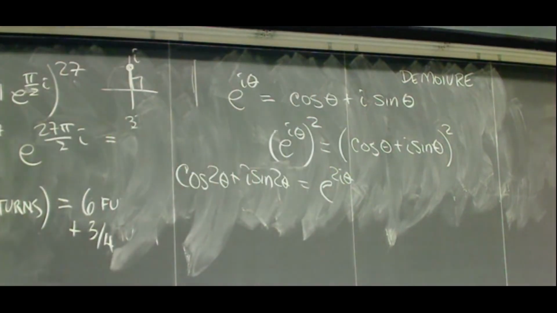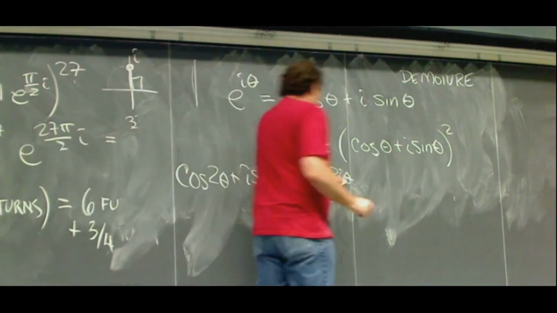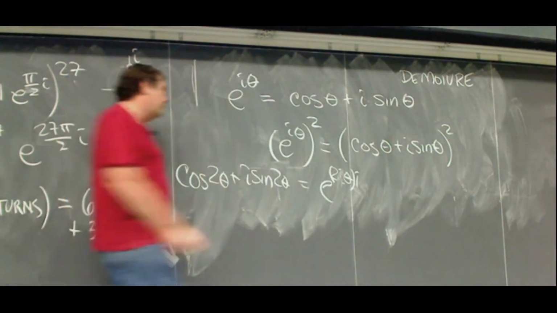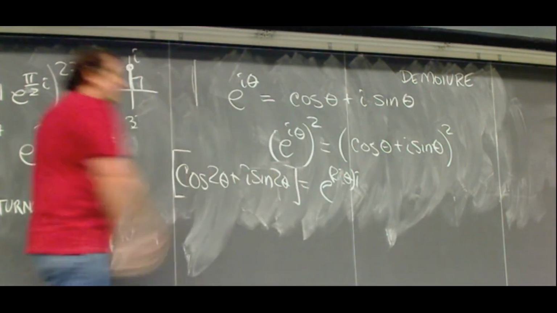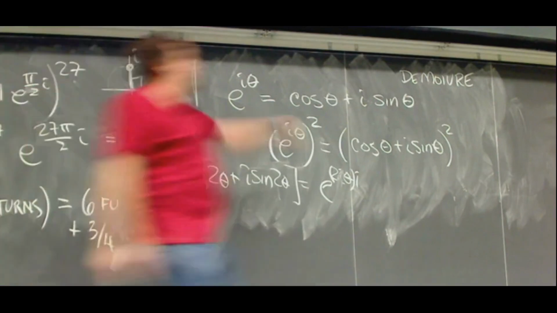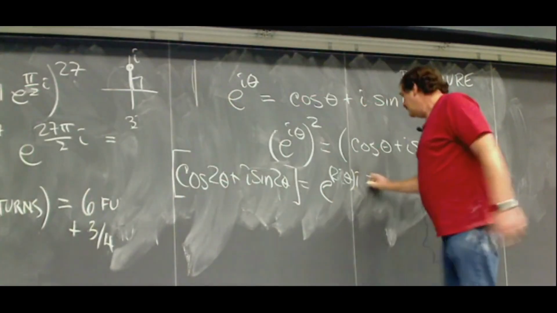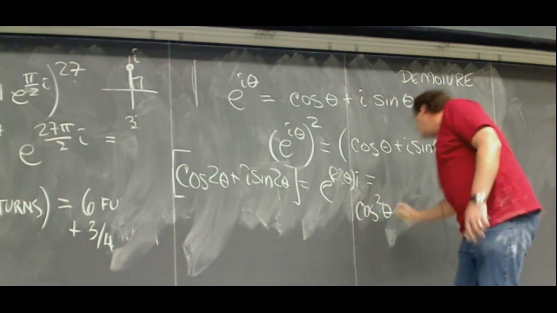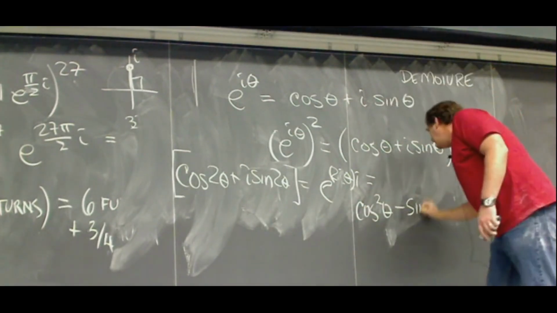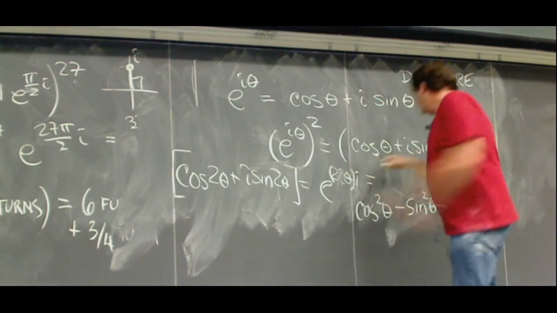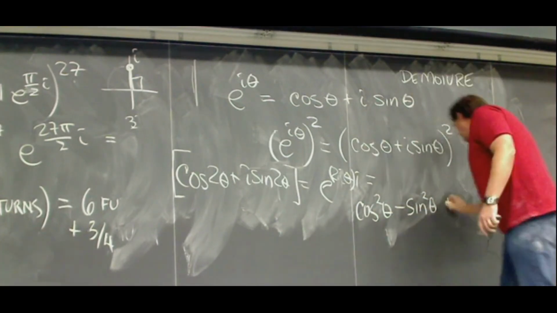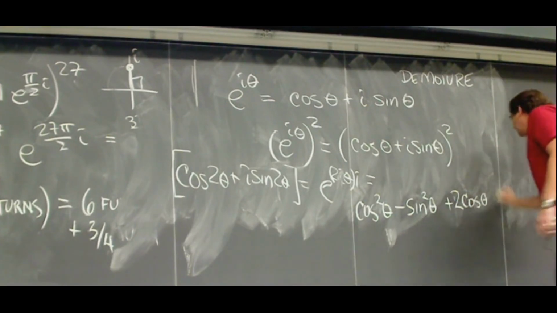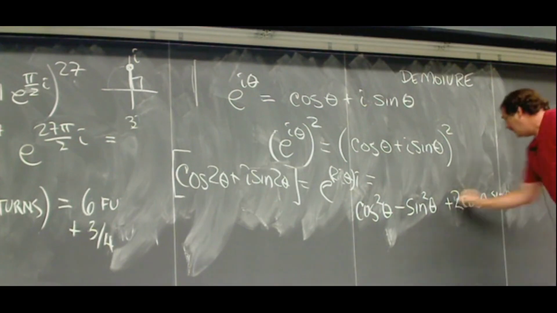Just plugging in: take the part that's in front of the i, and that becomes the angle. But if I multiply this thing out here, I get cosine squared theta minus sine squared theta from those parts, plus 2 cosine theta sine theta i.